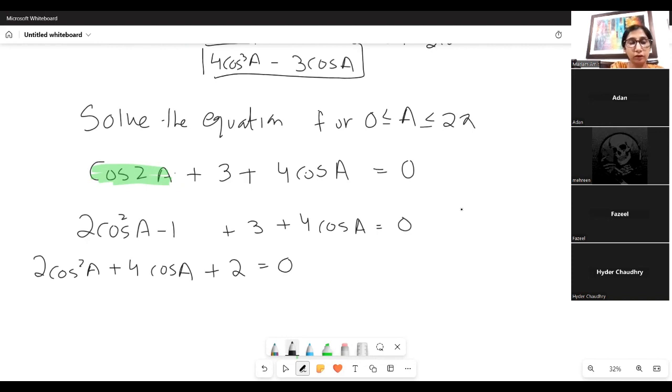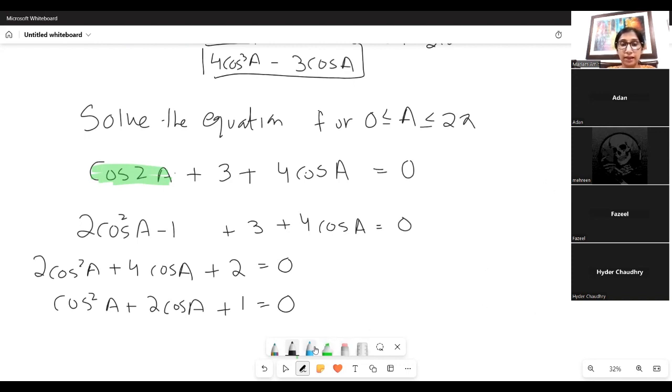I'm going to divide both sides by 2 as well. Cos square A plus 2 cos A plus 1 equals 0. Does this equation look familiar to you? It's a hidden quadratic equation.